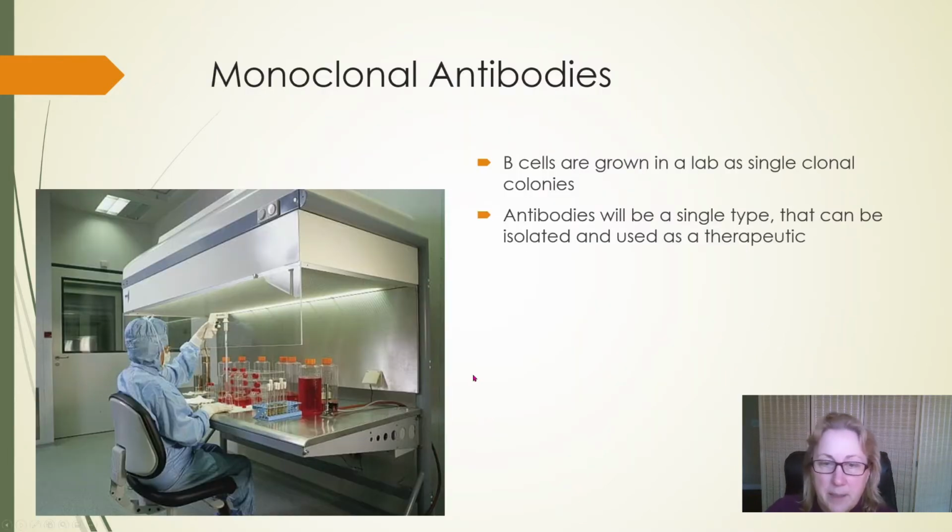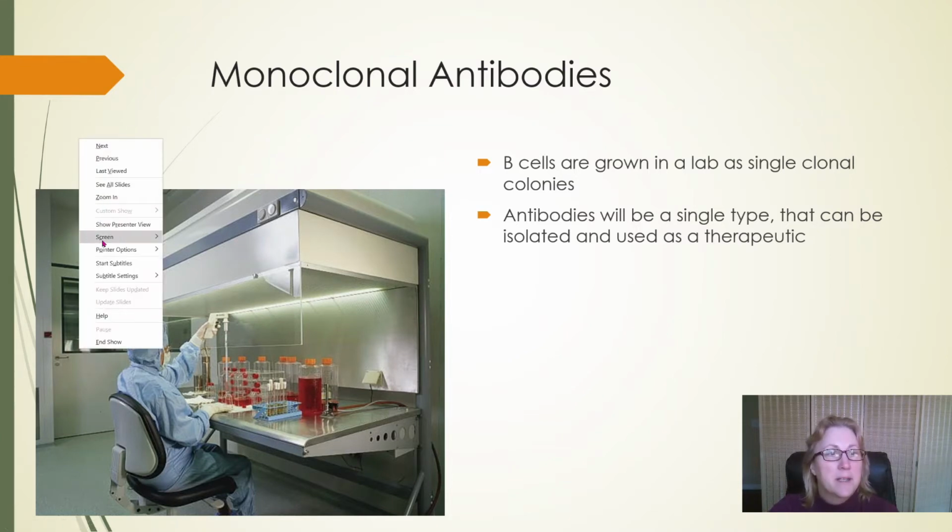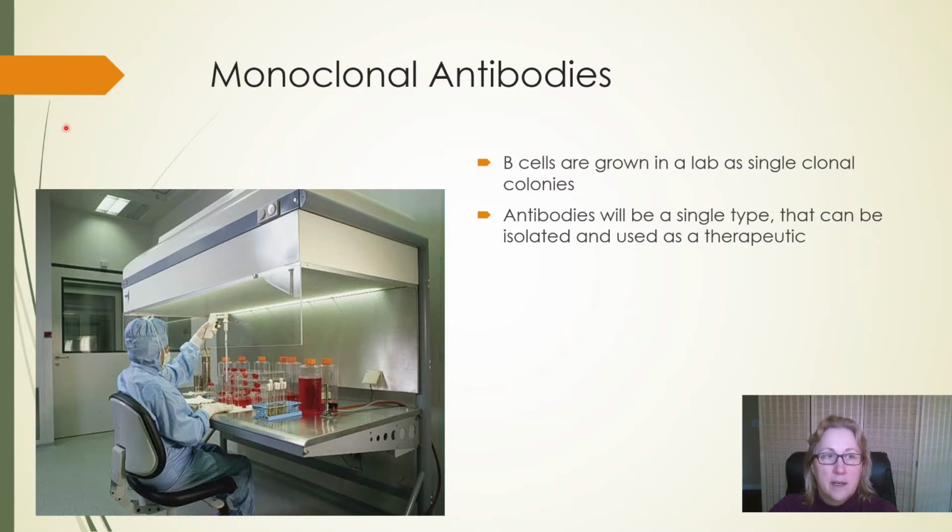So monoclonal antibodies are something that we've been hearing about, and monoclonal antibodies are made in the lab, and they're made by clonal selection. There's a few different techniques for making these, but basically they involve isolating B cells from an animal that's been exposed to whatever virus or bacteria you're interested in.